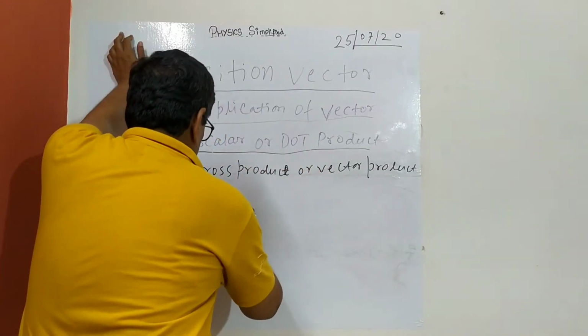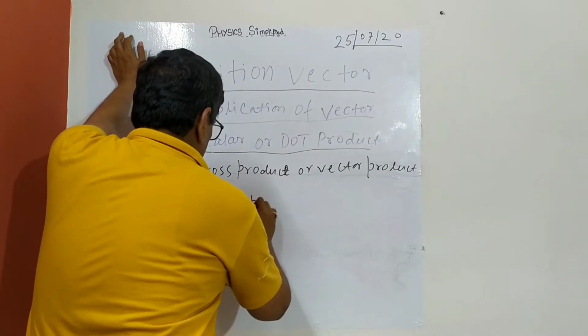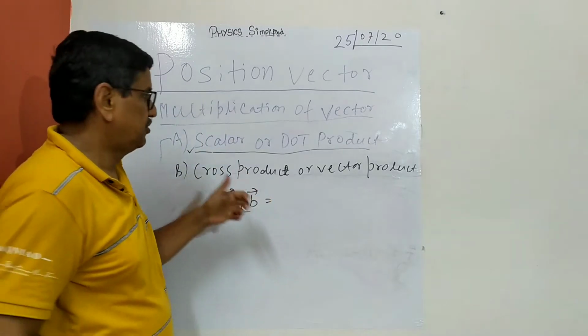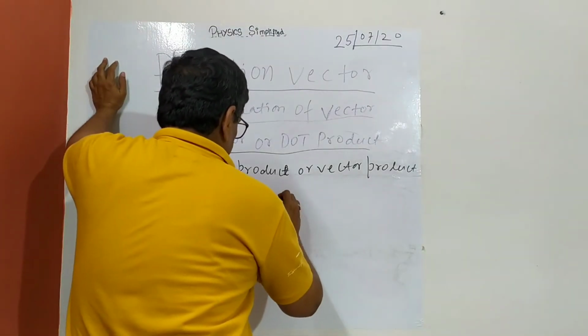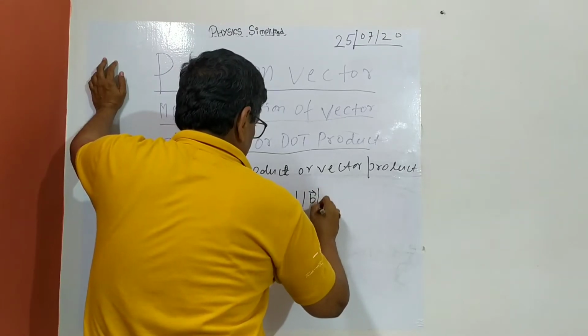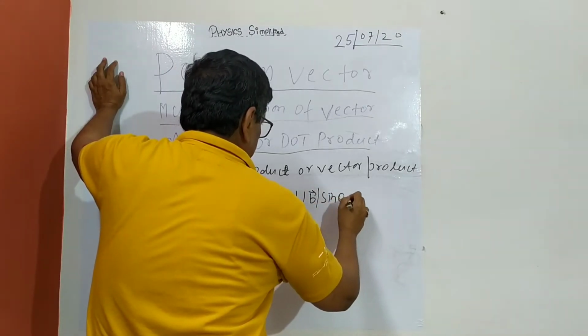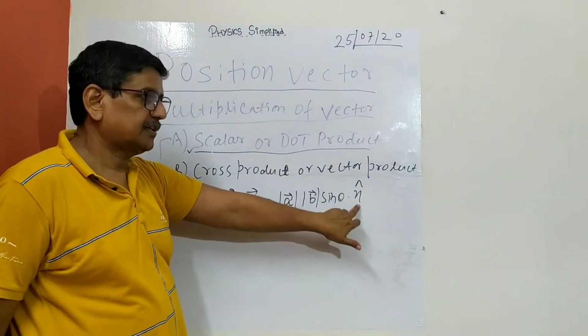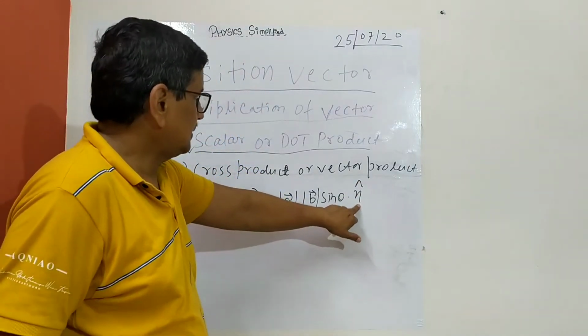This is shown by A cross B, and since this is a vector, it will have direction also. So we will have a unit vector. This is mod A mod B sin theta with a unit vector. This will show the direction of the resultant vector. This is an addition; there was A dot B equals mod A mod B cosine.